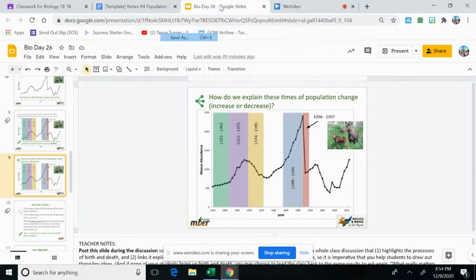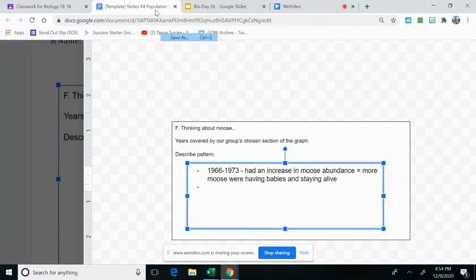Our next area that we looked at was this yellow one from 1974 to 1980. So 1974 to 1980, there was a decrease in the moose abundance, which overall we decided meant the moose were dying.